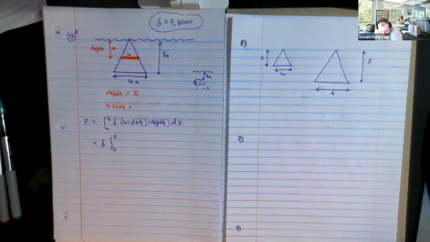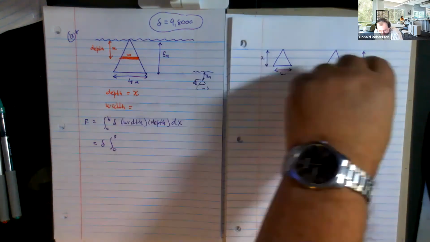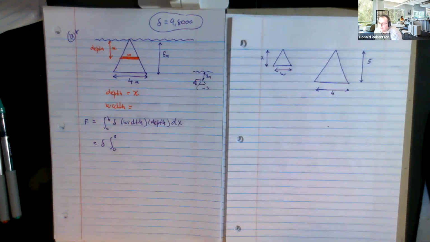Can we do similar triangles using these numbers? So can I say x over 5 is w over 4? Do you think I should be allowed to do that? Aren't they ratios?